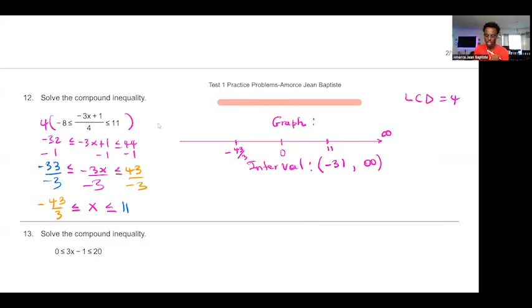And then both of them will be assigned a bracket because x is greater than negative 43 over 3. The bracket looks to the right because x is greater. X is greater, bracket looks to the right.